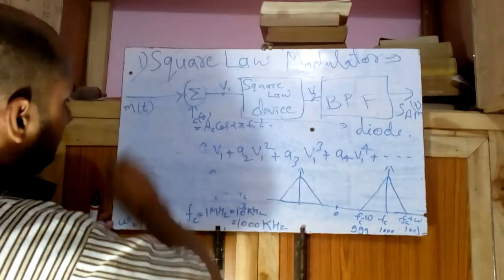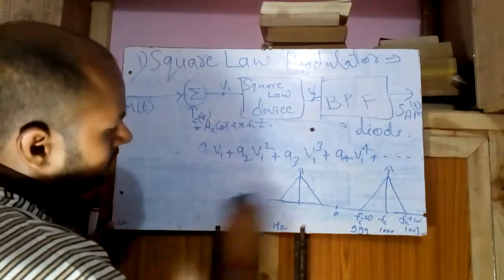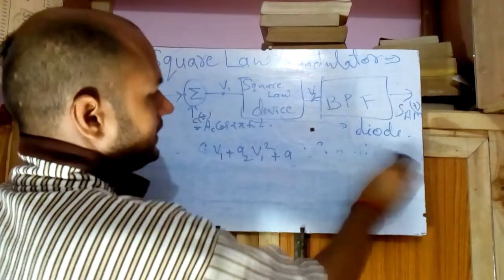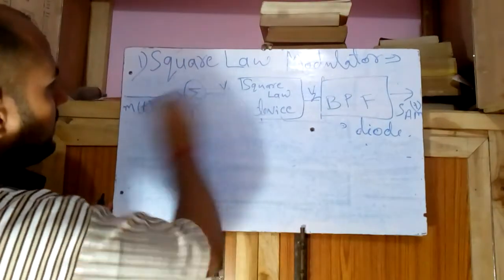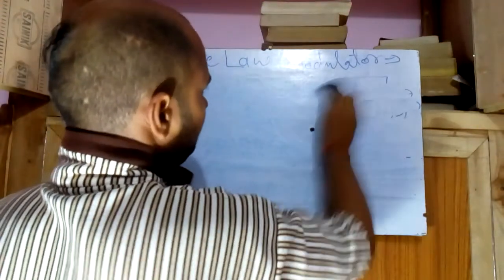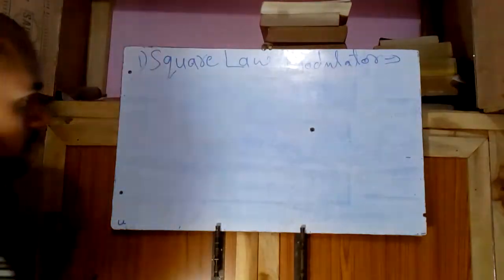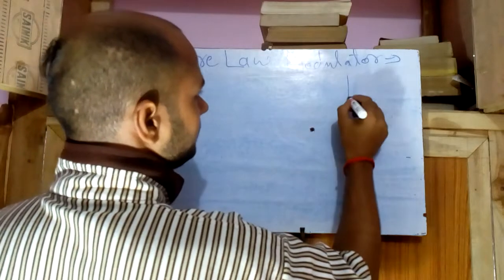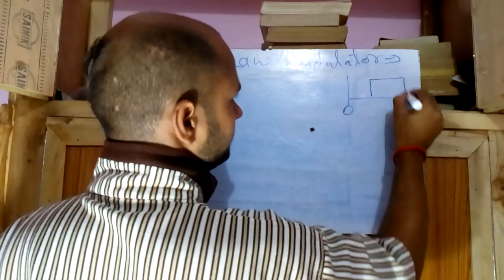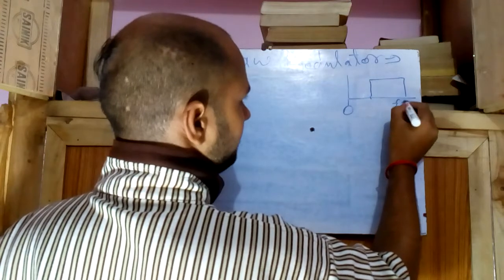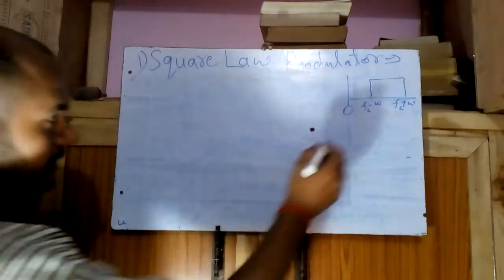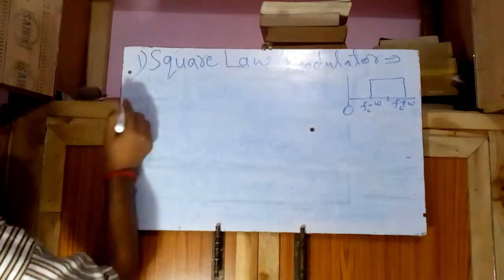So now we have been selective for band pass filter in the range of 999 to 1001. Band pass filter will be like this: FC plus omega, FC minus omega, centered at FC, very high frequency.